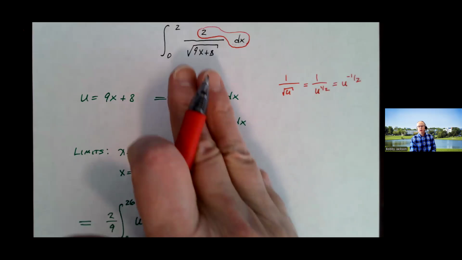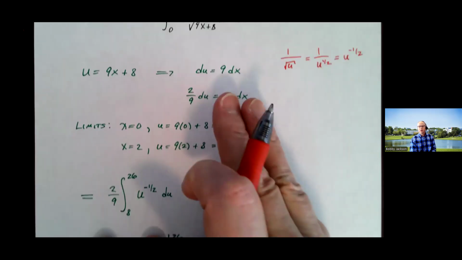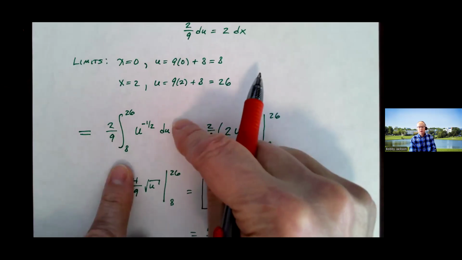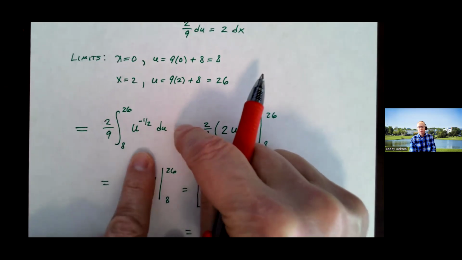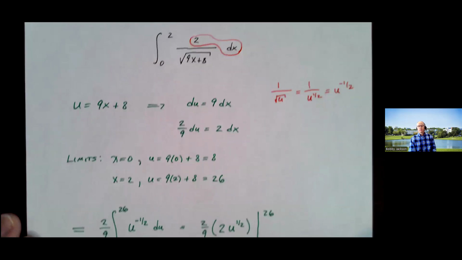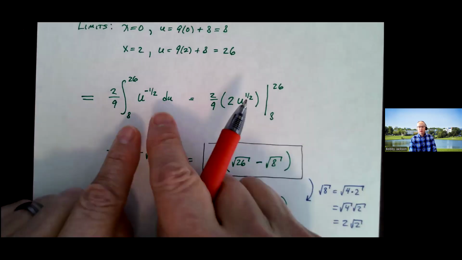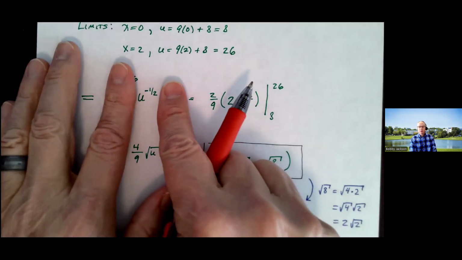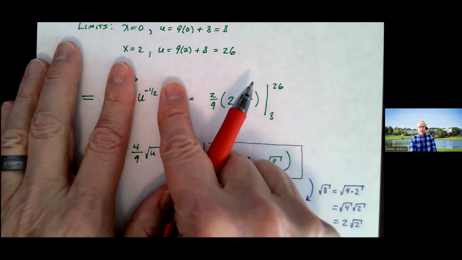So now I just forget about the original integral, and I'm doing this one because the value of this definite integral equals the value of the original definite integral. And this one is much easier to do. Again, just the power rule. What's the antiderivative of u to the negative 1/2? I add 1 to negative 1/2 and get positive 1/2.